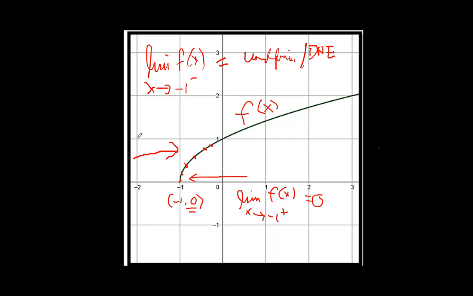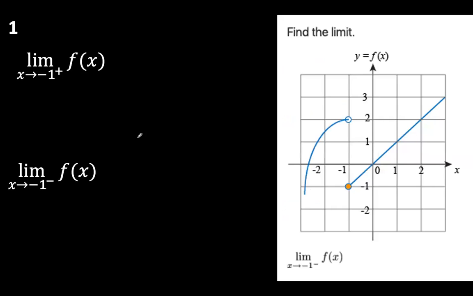So now let's apply the definition and some properties of these limits. Let's consider problem number 1, and this graph, which is y equal to f of x, the blue graph in the xy plane. The first problem: the limit of f of x as x approaches -1 from the right.